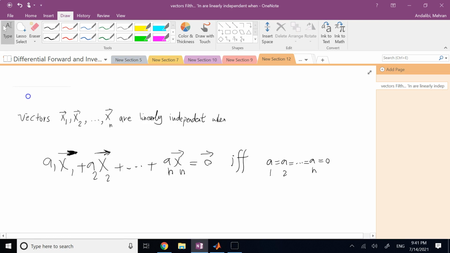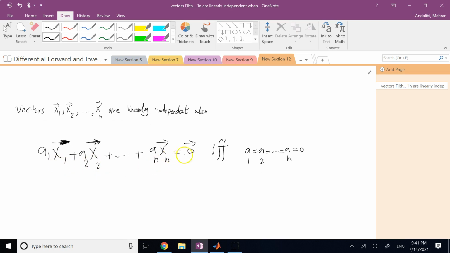In other words, the only way that I can combine these vectors and set it equal to 0 is I use all weights of 0. Of course, if I use weights of 0, the sum of all these zeros will be 0. But that's the only solution.